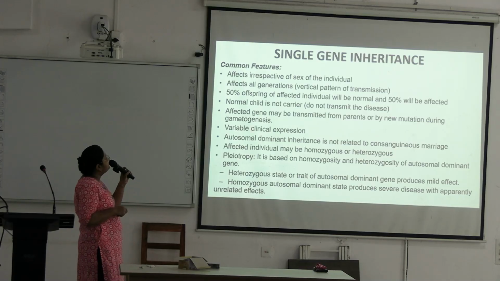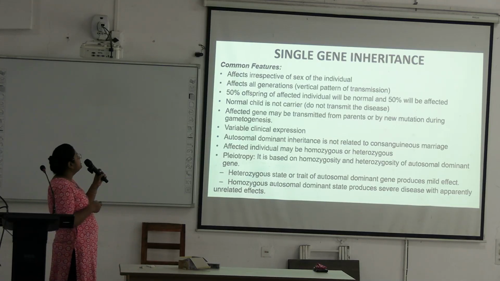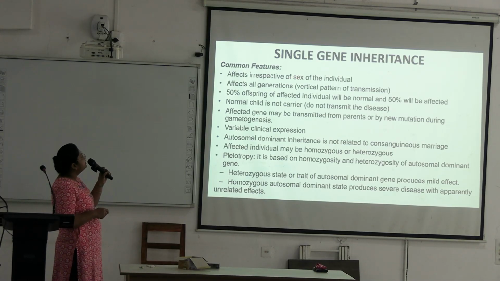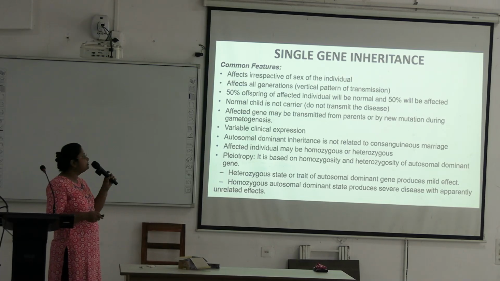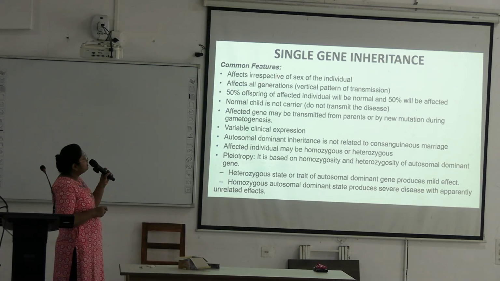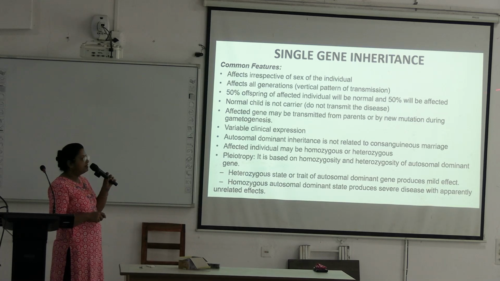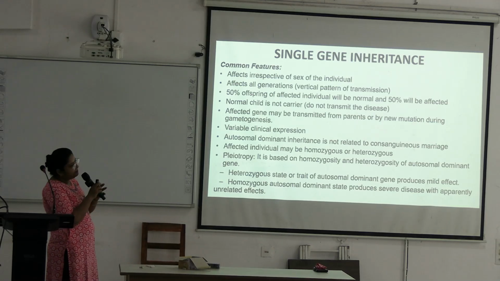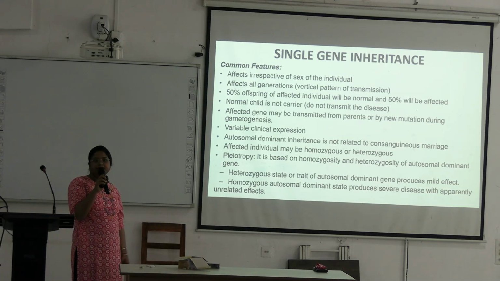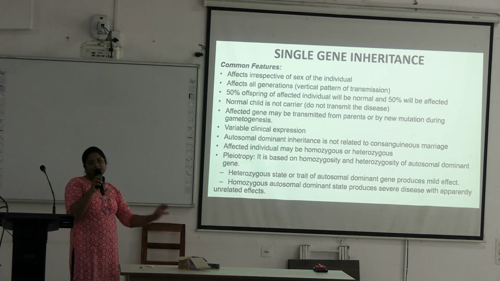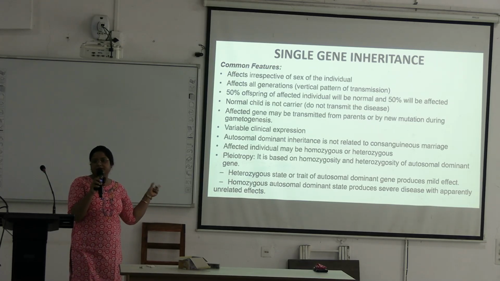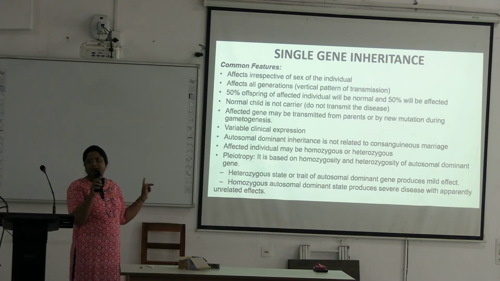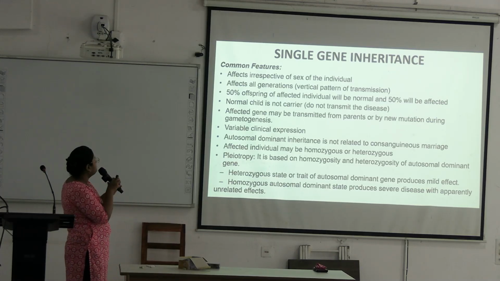These are the common features of autosomal dominant inheritance. It affects individuals irrespective of sex. It affects all the generations, with a vertical pattern of transmission. 50% of offspring of the affected individual will be normal and 50% will be affected, because 50% of the genes are normal and 50% affected, but the patient manifests the disease because it is an autosomal dominant pattern of inheritance.